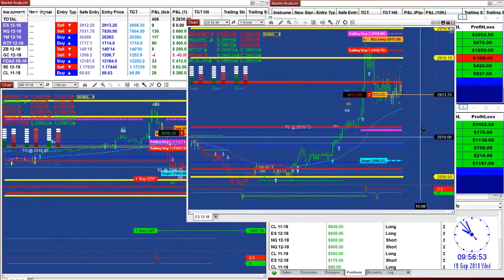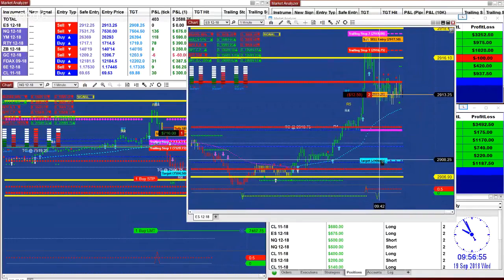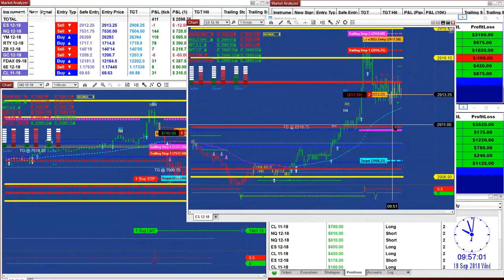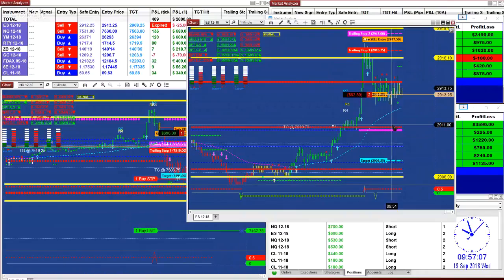The ES right now in this condition is gonna nail it all the way to the 2908 at the moment. But I can tell you one thing, if the ES is gonna drop down, it's gonna drop from 1325 to 11. So if you are following that trade, because I'm chasing Nasdaq, Dow Jones, CL, sometimes I cannot keep up with everything.